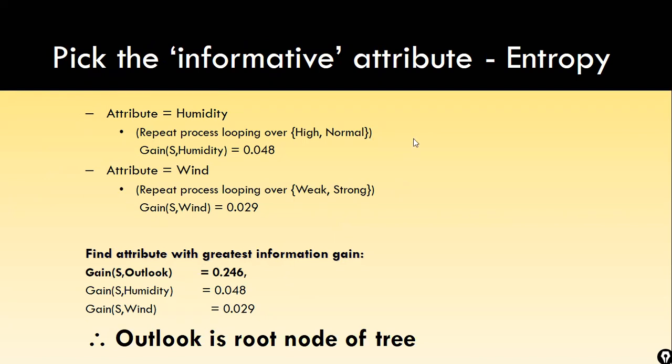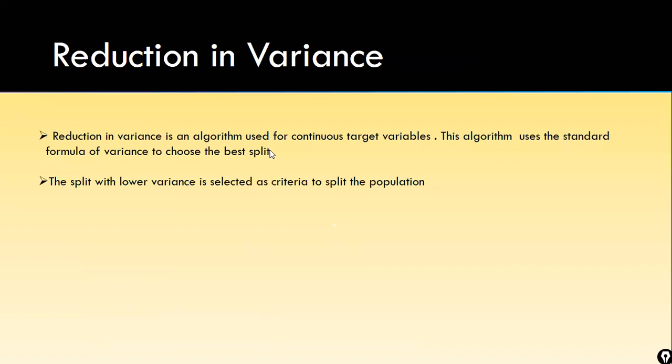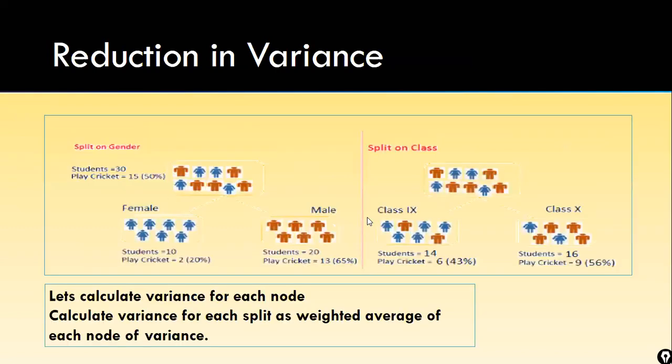Even with Gini, whichever Gini value is higher will be considered the root node. But when it comes to reduction in variance, whichever column has a lower variance is chosen, and the formula is different here.